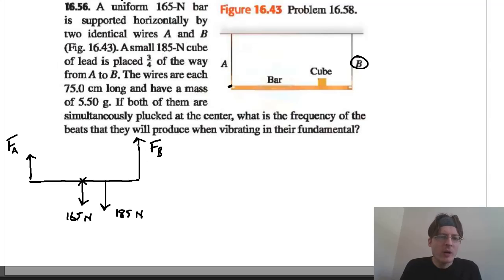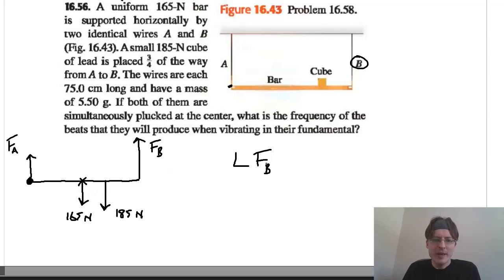So to figure out the two forces, I'll need two equations. The first equation I'll use is the torque around this point on the left side. The torque around this point has no contribution from A. FA produces no torque around that point, but the other three forces do produce a torque around this point. So the torque from B will be L times FB. L is the length of the bar.